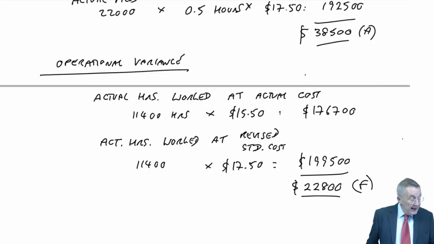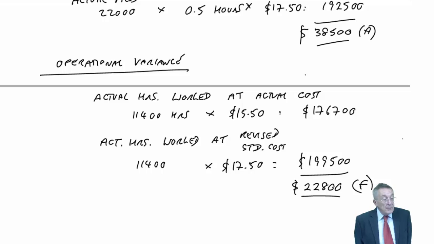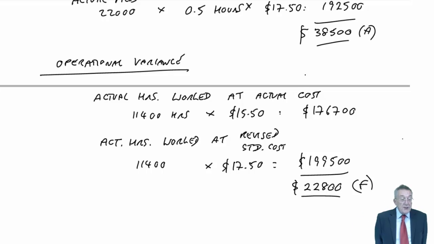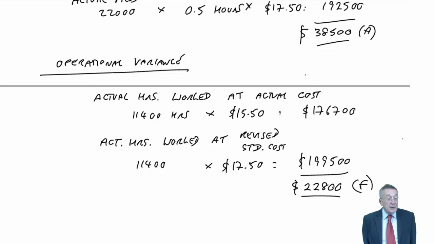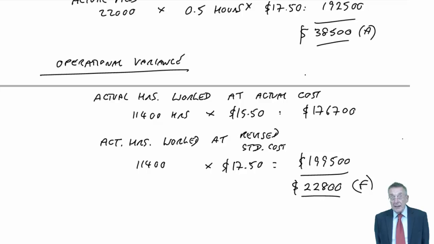If you look over the page, there's exercise 2. Exactly the same idea, but it's materials. The budget production, 21,000. The standard cost per unit, 3 kilos at $4. We actually ended up producing 10,000. We actually bought 33,000 kilos when we paid $4.20.